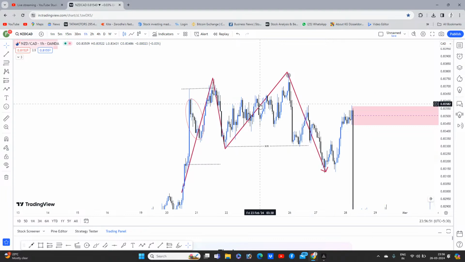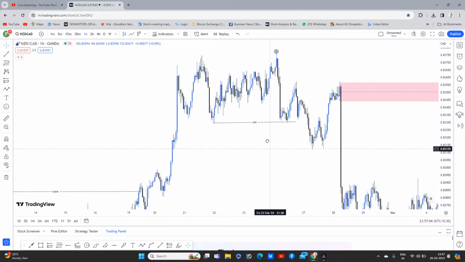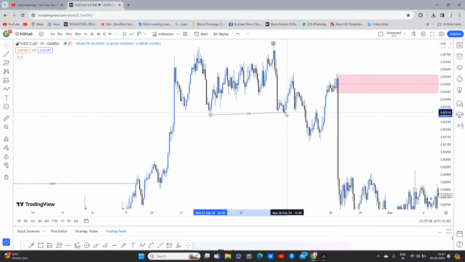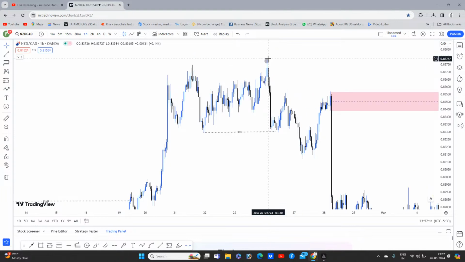First, we look for a pullback on the left hand side, not on the right hand side. After the market takes this pullback point, we mark this as our swing high point. Why this? Because this is the highest point.